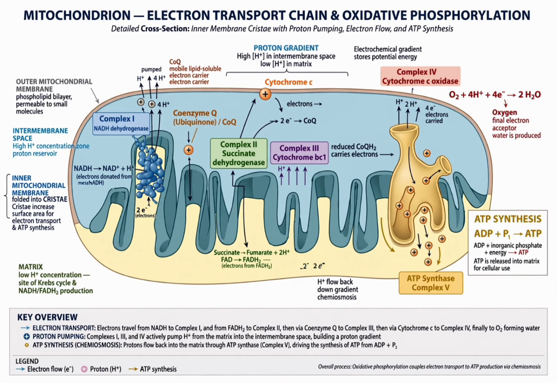These features also support the famous endosymbiotic theory. This is a very important term, you note down, which suggests that the mitochondria were once free-living prokaryotic organisms. This is the reason behind this. The presence of mitochondrial DNA and ribosomes further enhances their efficiency in energy production.